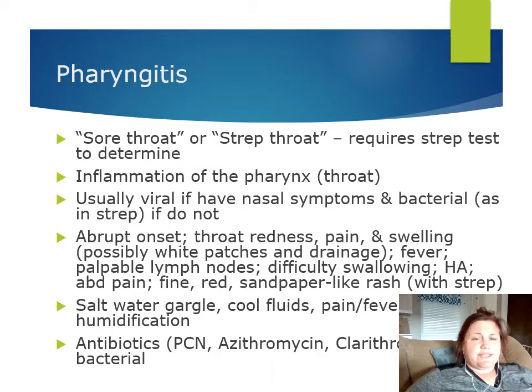In either case, we want to encourage saltwater gargles, cool fluids for hydration and to help provide some comfort, pain and fever reducers, and also humidification for helping to moisturize the airway so that it's not as uncomfortable.